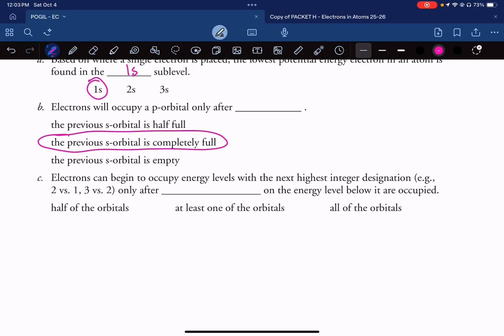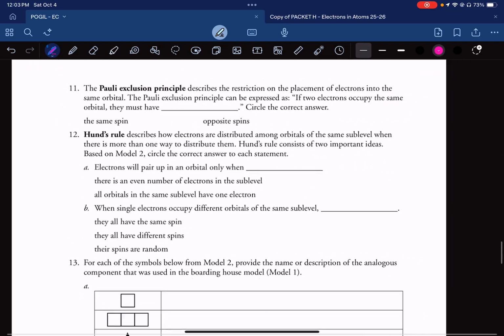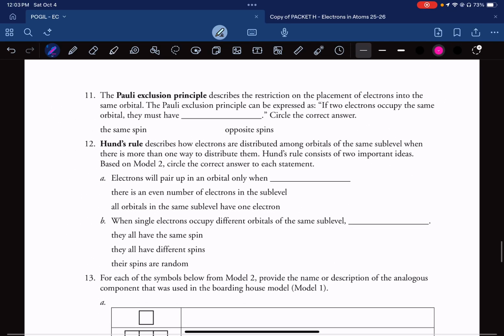So, kind of similar to our boarding house, we have these energy levels, and we had floors of the boarding house. So we had 1, 2, and 2, just like that boarding house.